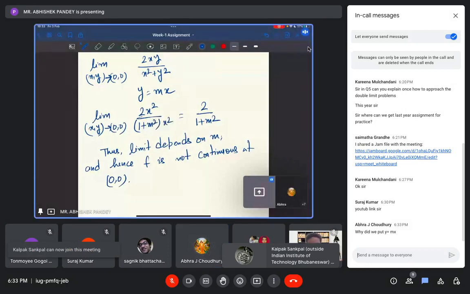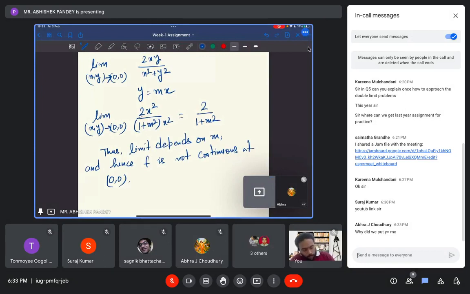Yeah, so in several variables, suppose you have a real line. In the real variable case, one variable case, once you are taking the limit, suppose you are going to 1, to approach 1 you have only one path, a radial path only. Either you go from right or you go from left.